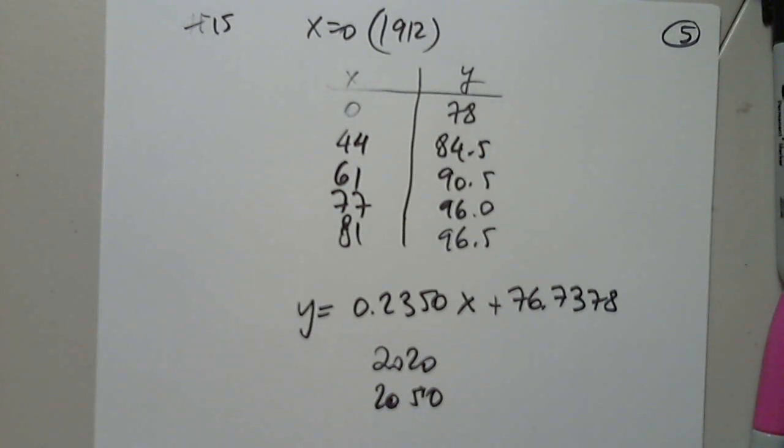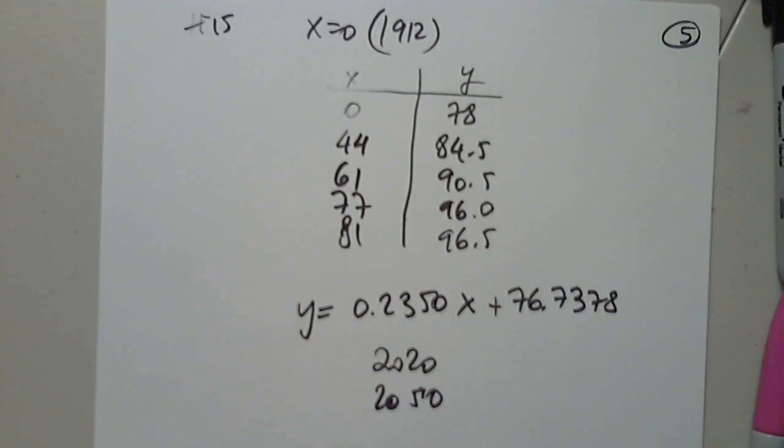And for 2020, subtract 1912 from 2020. You can just do the math or let the calculator do the math. It will be 108.